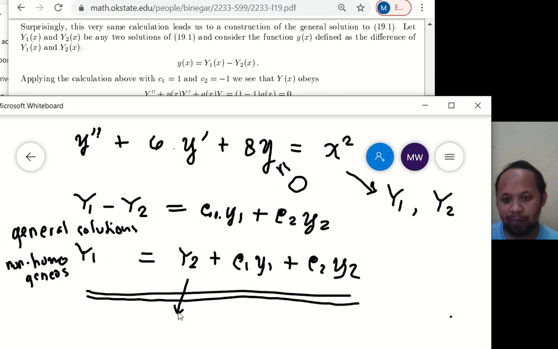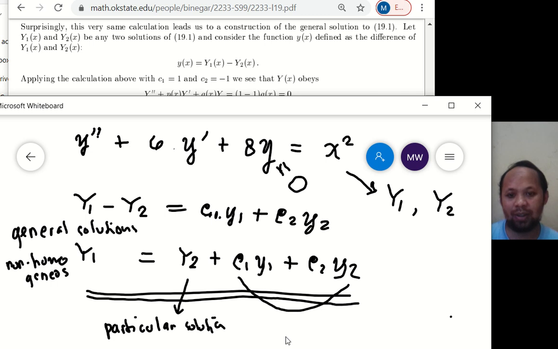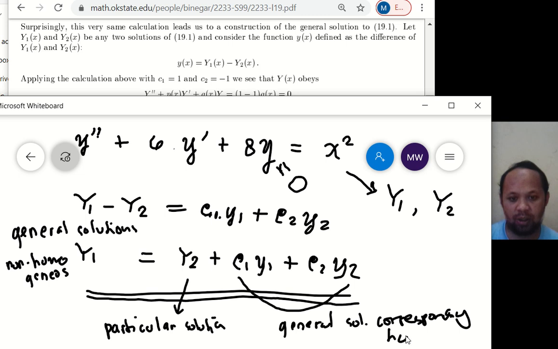The first one is the particular solution of the non-homogeneous equation, and we need to know at least one particular solution somehow. The general solution consists of this as the first part, and the next part is the generic solution for the corresponding homogeneous equation.